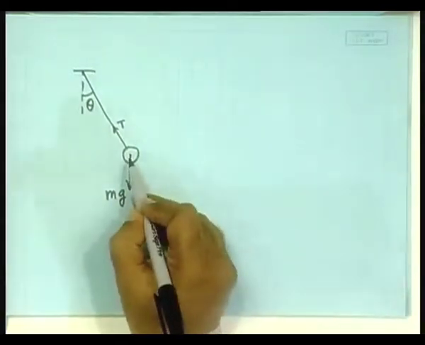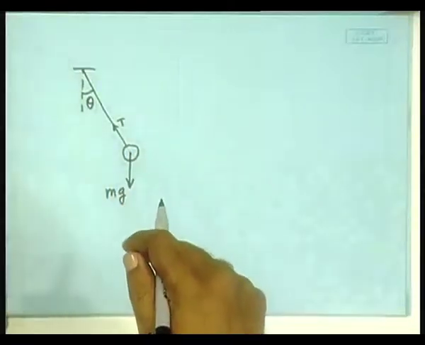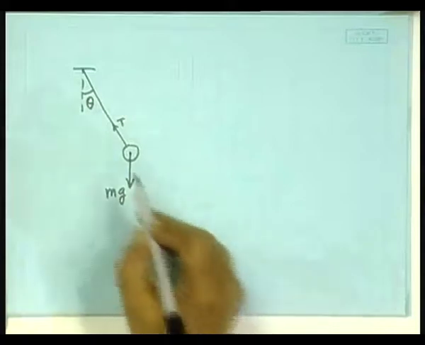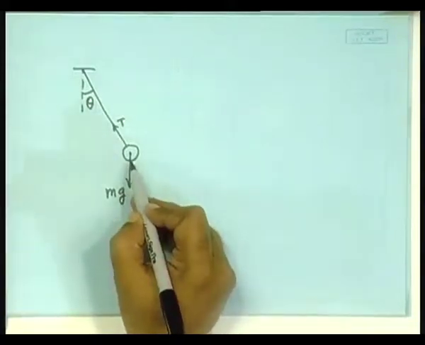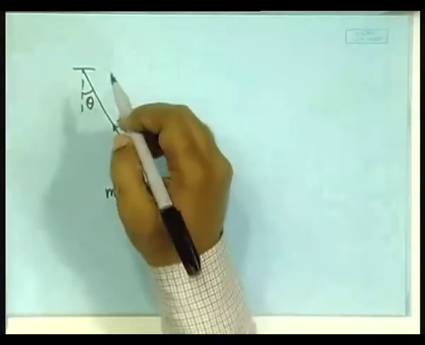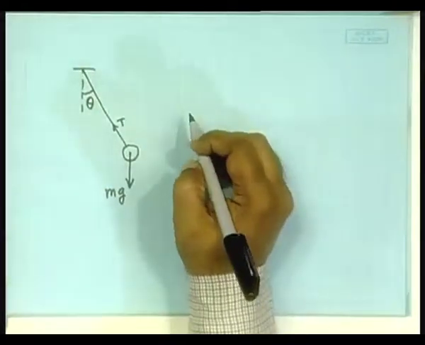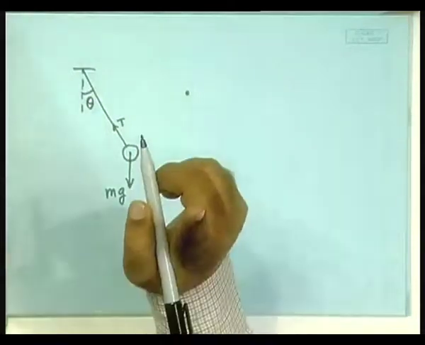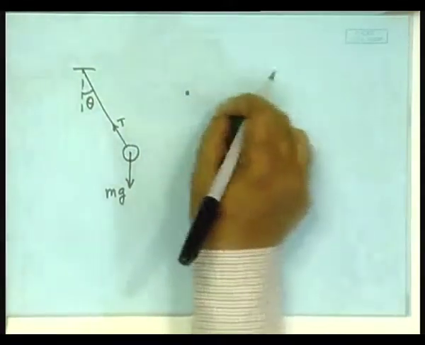So, x coordinate, y coordinate and z coordinate, clear. If we draw the free body diagram, the way I showed the D'Alembert's way, then we will have to do two free body diagrams, along the x coordinate, along the y coordinate.